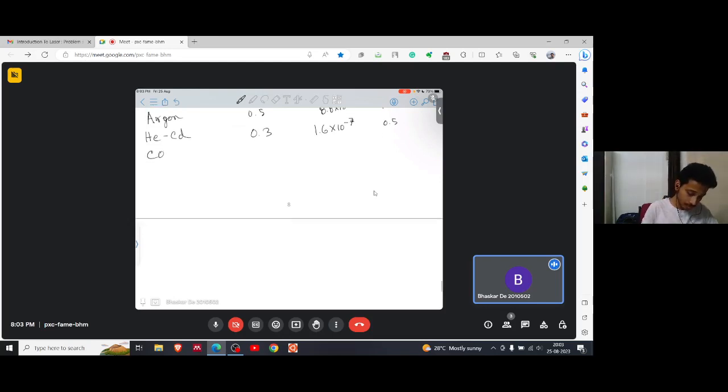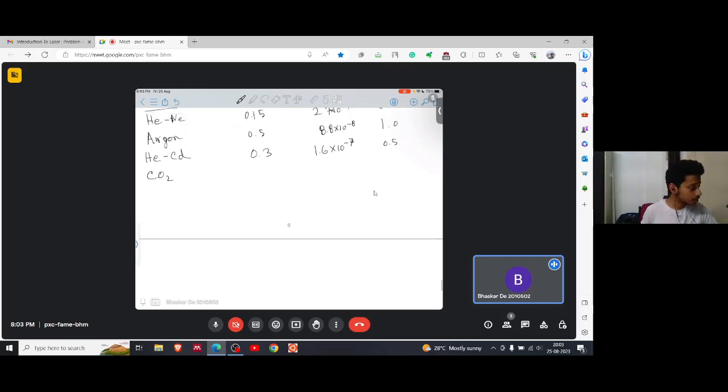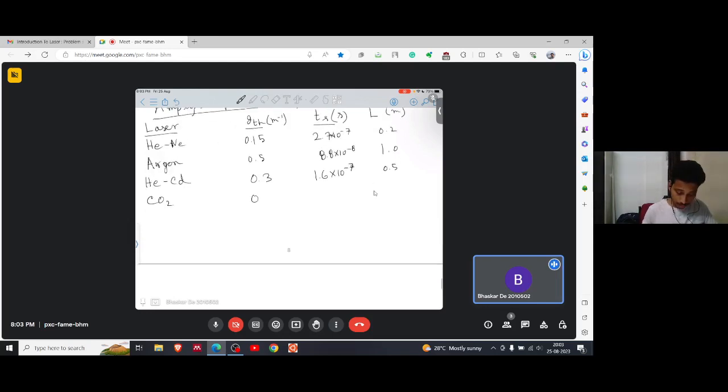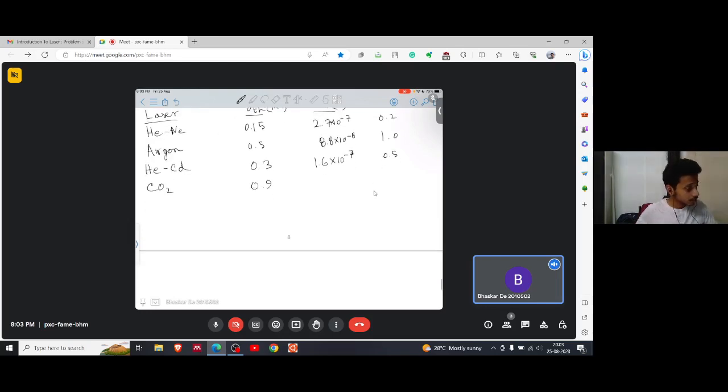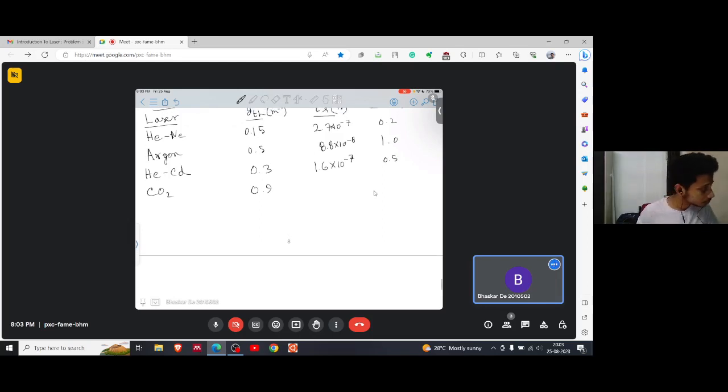Then you can talk about the CO2 laser that has a gain threshold 0.9, ts is 4.8 into 10 to the power minus 8, and the length is 1 meter.